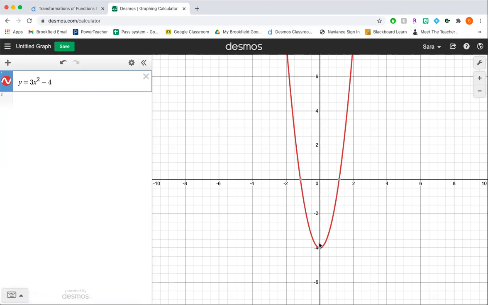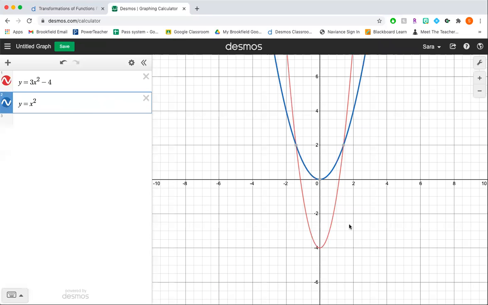So it's scooted down, and I can compare it to the parent function here. It's scooted down 4 units, and notice the red one got skinnier, but vertically it's gotten longer.